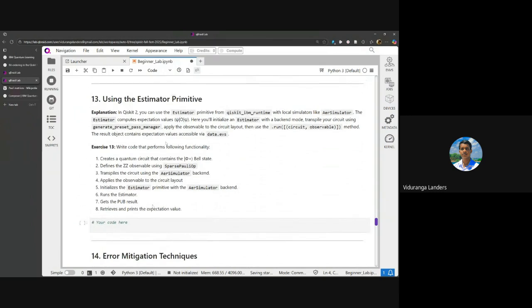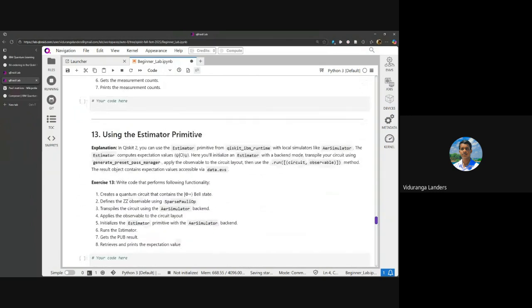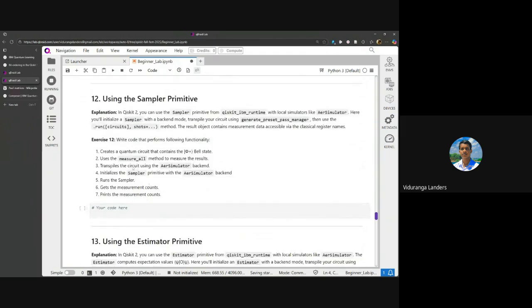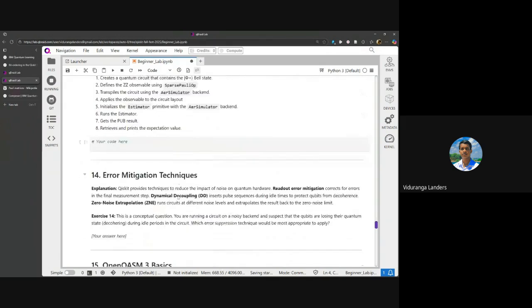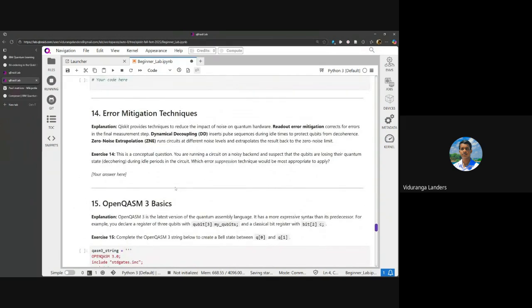Again, this one is using the estimator primitive rather than the sampler primitive. We did something with the sampler primitive, so you can refer to that as well. Again, some theoretical concepts. I mean, error mitigation is a huge branch. It is not something that I can cover within a couple of minutes.